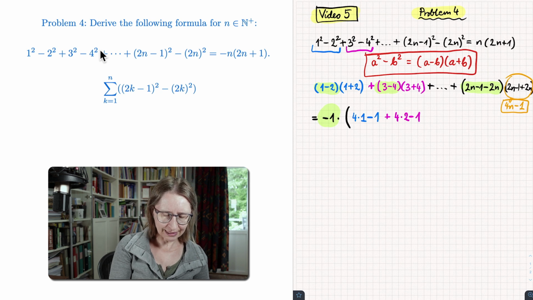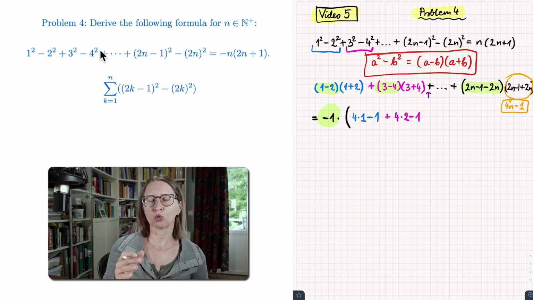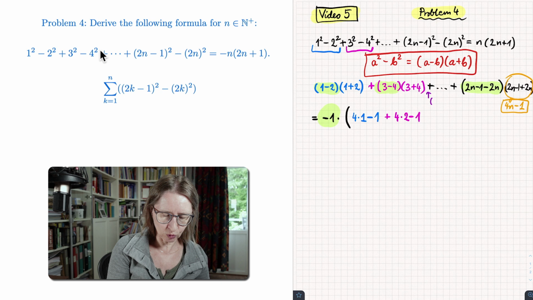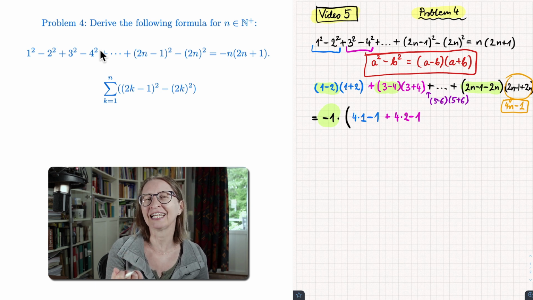Right? And think about it, I could have written one more, which would make it very clear. So what is coming after this 3 squared minus 4 squared? The next one would be 5 squared minus 6 squared, right? And it would be 5 minus 6 times 5 plus 6. So it is again minus from the first parenthesis, and from the second one we get 11.